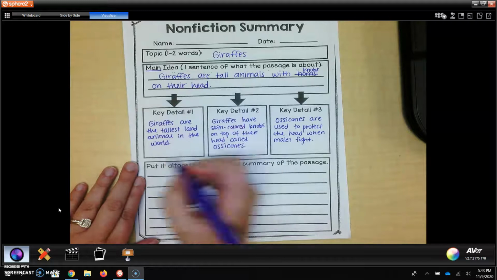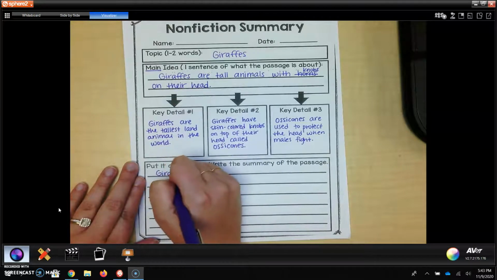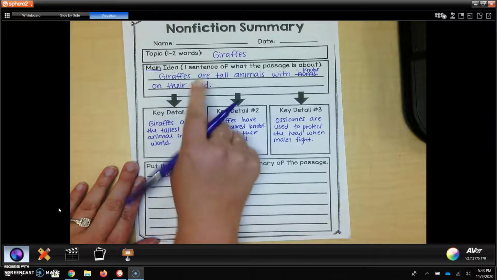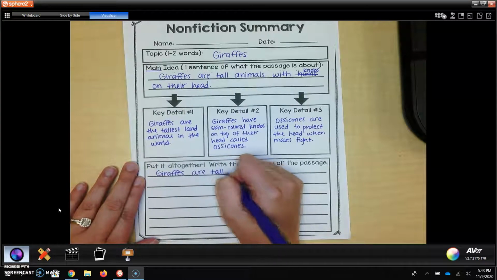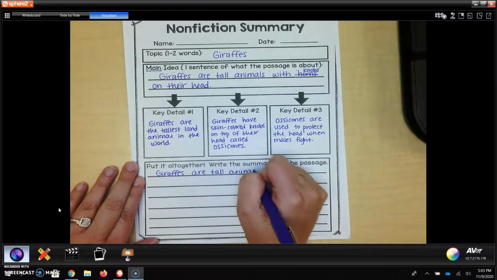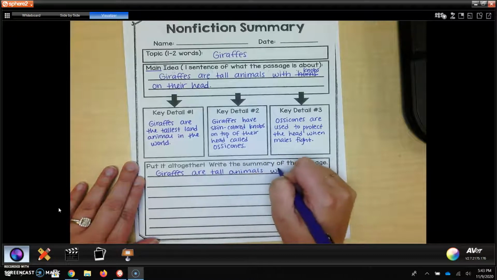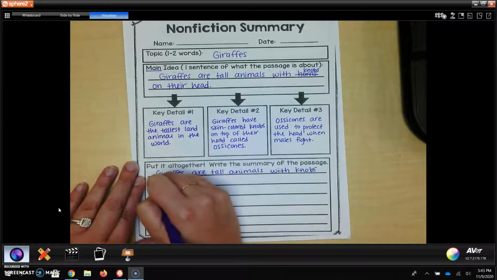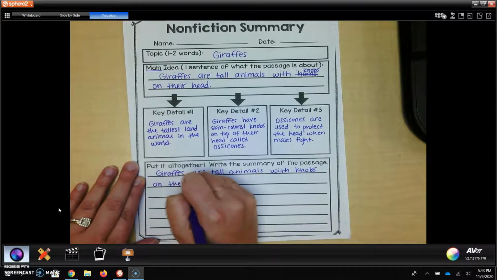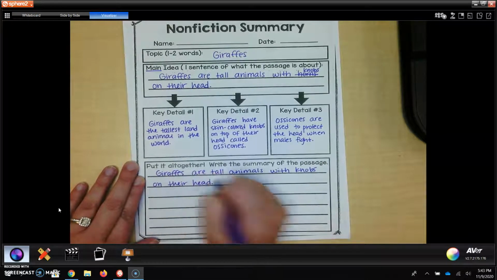So let's start with our main idea. Giraffes, and all I'm doing is copying what I did earlier, are tall animals with knobs on their head, period.